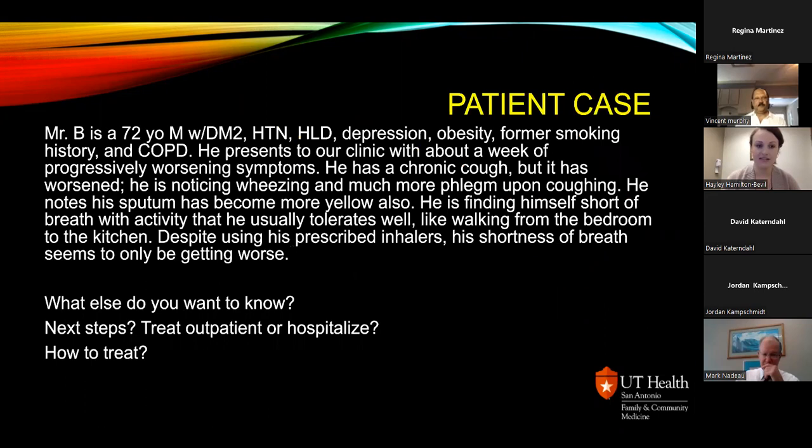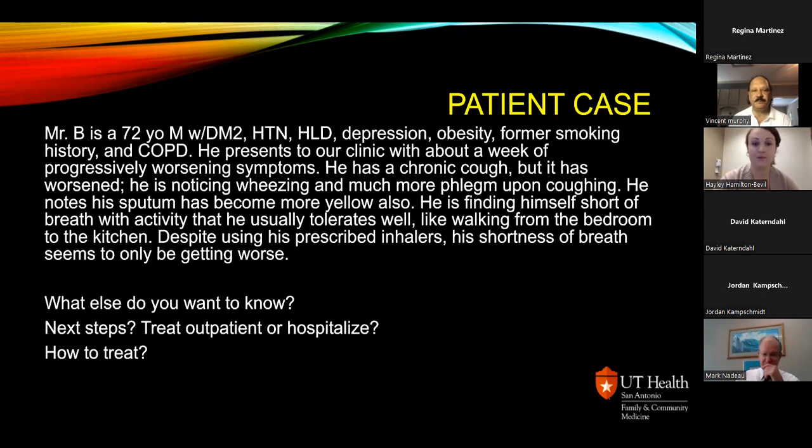So to get us thinking about patients, we have a FHC patient here, Mr. B. He's a 72-year-old male with diabetes, hypertension, hyperlipidemia, depression, obesity. He's a former smoker. And he has COPD. He's coming into our clinic with about a week of worsening symptoms. He's concerned about his chronic cough that has gotten even worse.